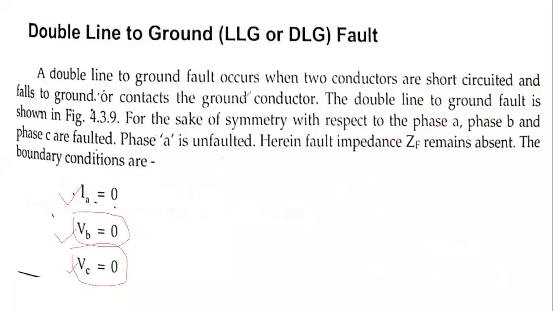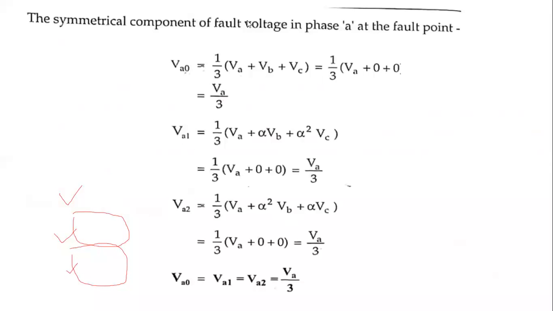Okay, for the double line to ground fault in the case of a B to C phase, we write down the formulas for symmetrical components. What is the formula for VA naught? VA naught is equal to 1 by 3 into VA plus VB plus VC.